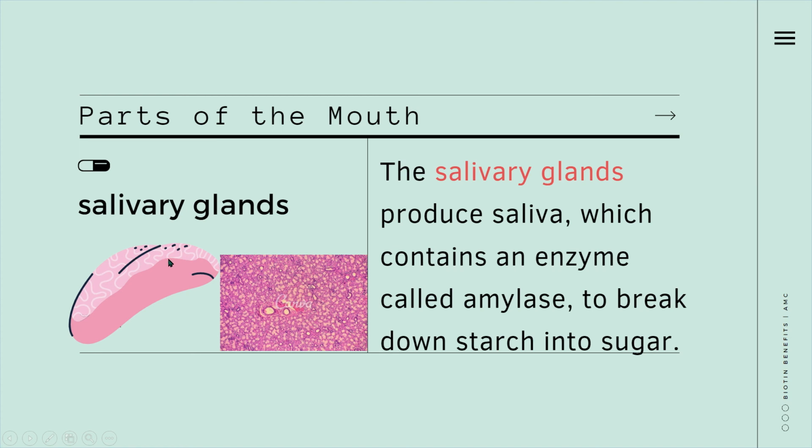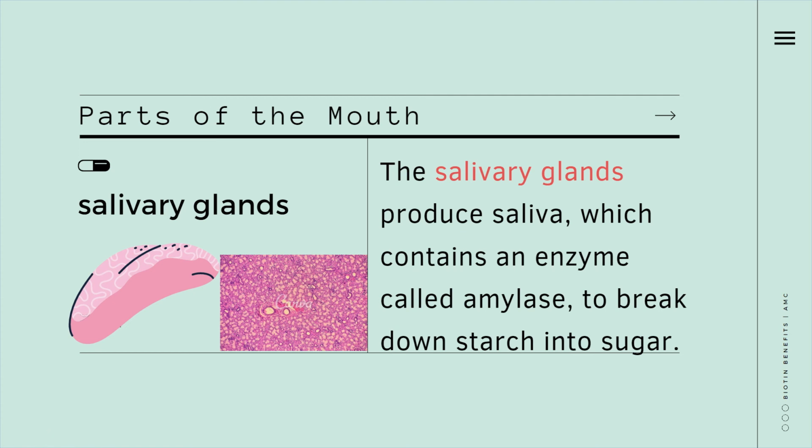Salivary glands can be found on your tongue. The little dots that you can see, this one, are called salivary glands. And they produce saliva, which contains an enzyme called amylase to break down starch into sugar.